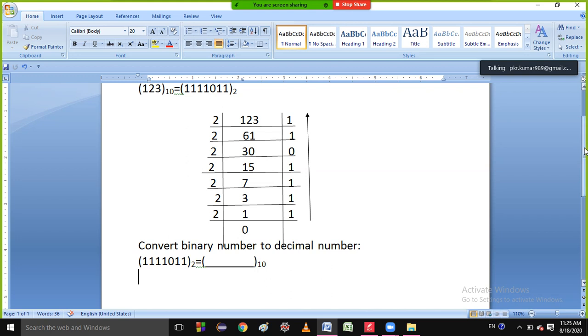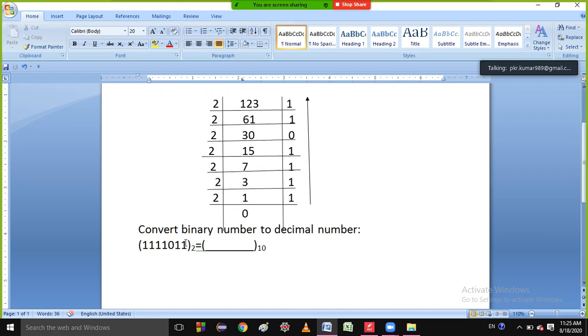Students, the rule is you will start from the right side, from this one. Is it clear? So just see how I am moving. You will write 1 multiply 2 power 0.